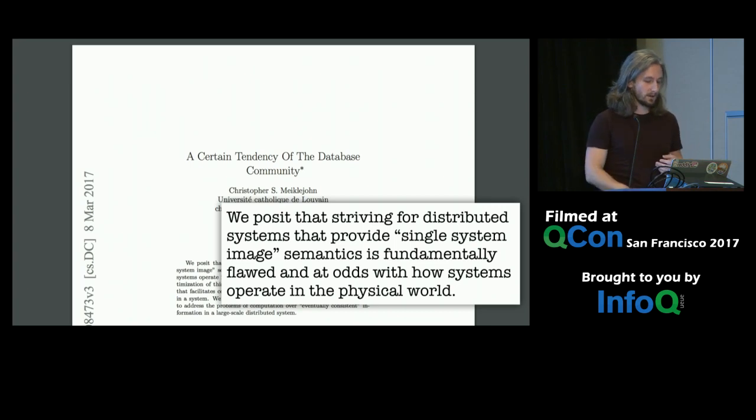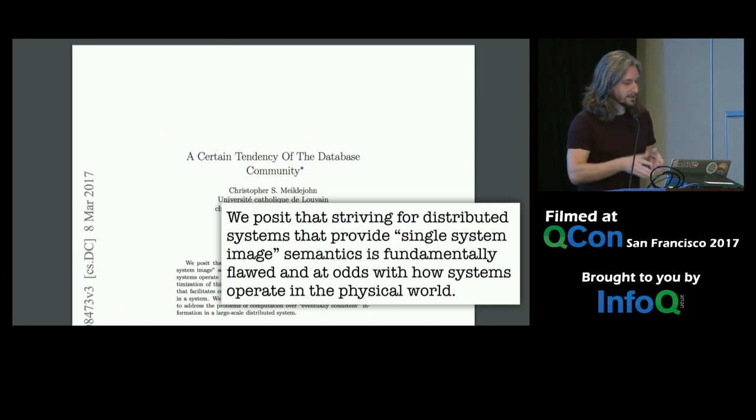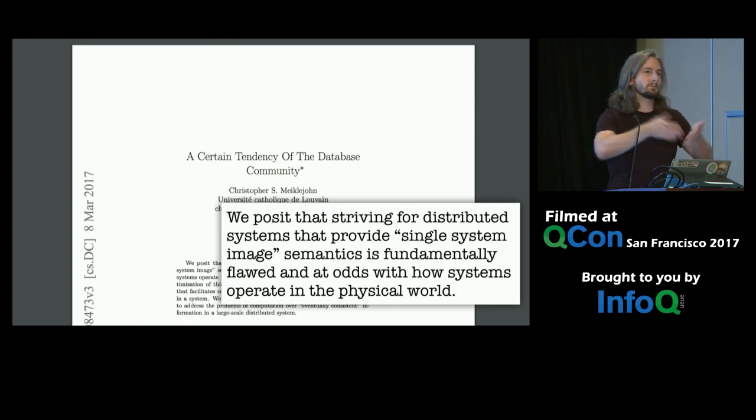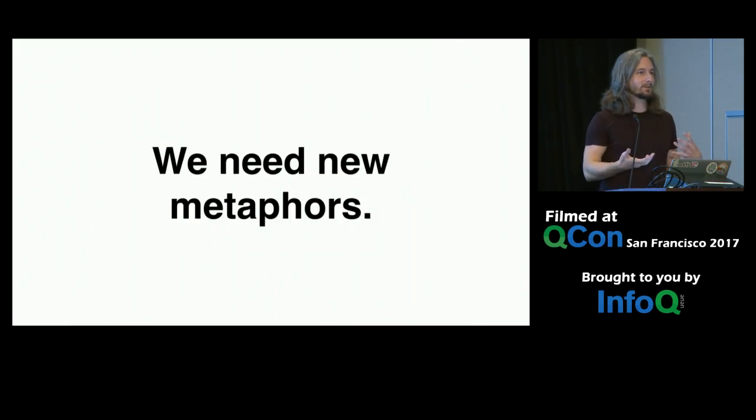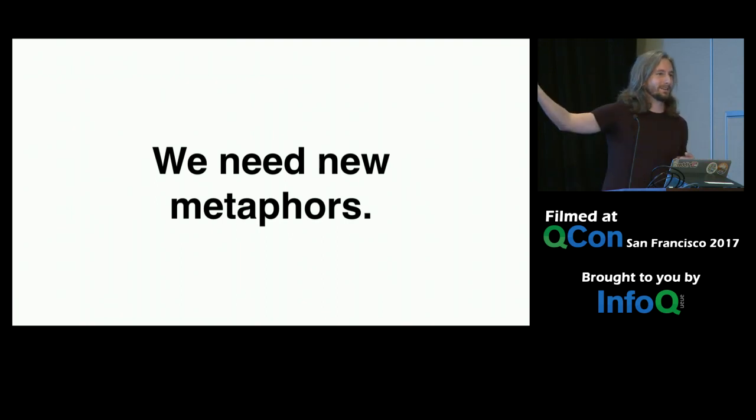So ultimately, what I'm saying here is that this stuff isn't as hard as we often believe it to be. It is still hard and it's tricky, and if you get it wrong, it's really hard to debug. But what we need here is new metaphors, because we have the single system image idea. That's a great metaphor for a certain type of distributed system. We don't have one for these types of systems that I'm talking about today.